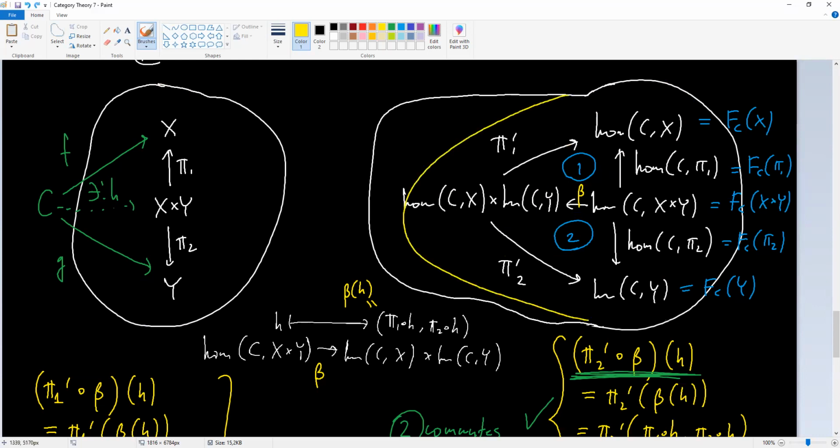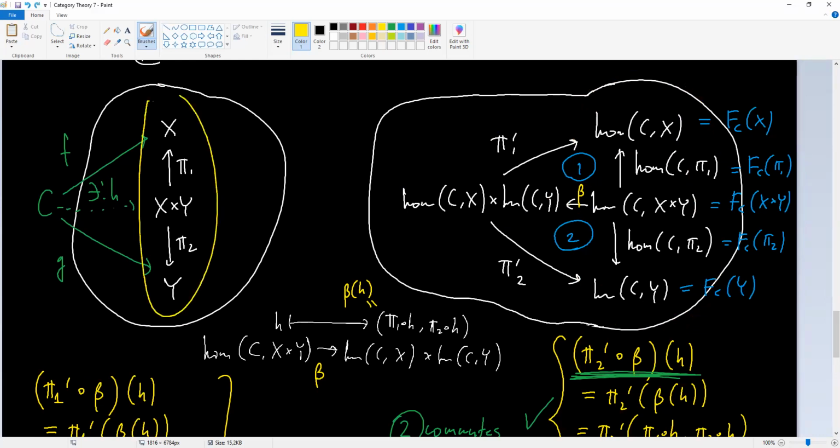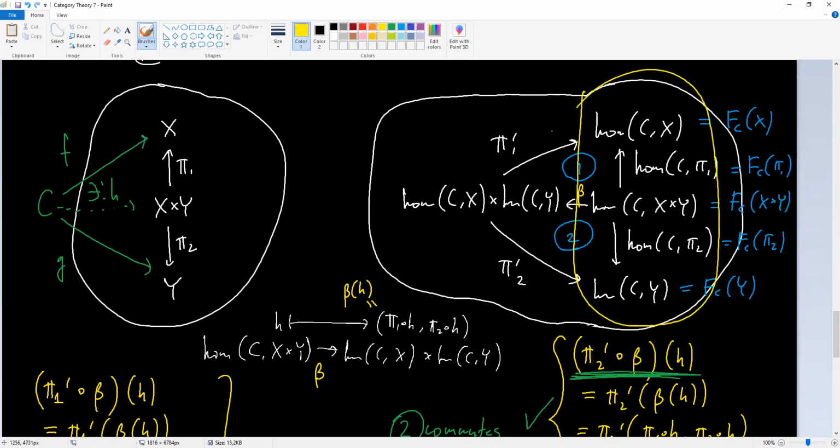But we also know that this thing is a product in the category of sets. And we know that having another diagram that's related to this diagram via an isomorphism with these commutative triangles is equivalent to that other diagram being a product diagram in the category of sets. So now in the end we get that this thing is a product if and only if for every C this thing is a product.